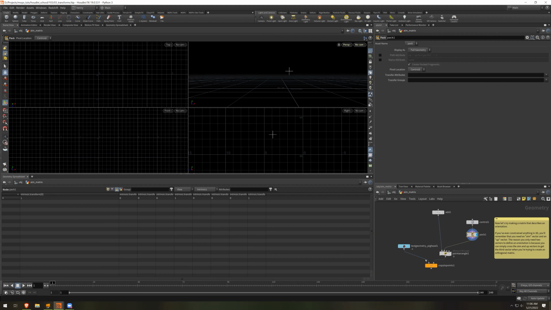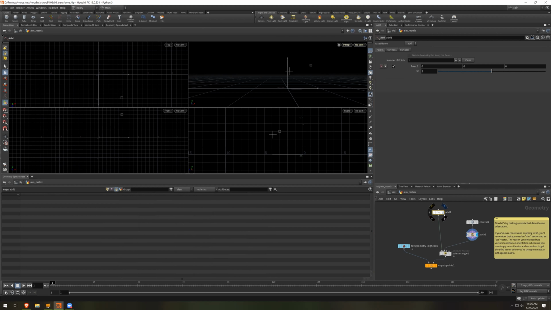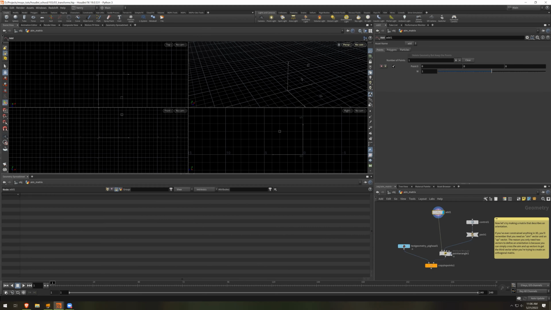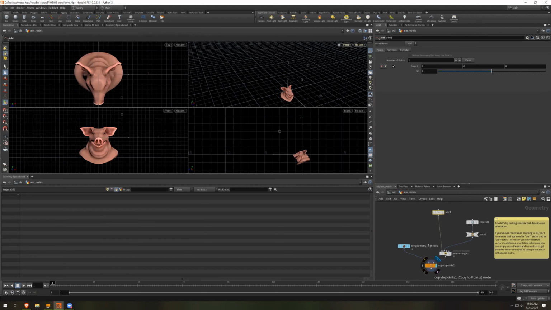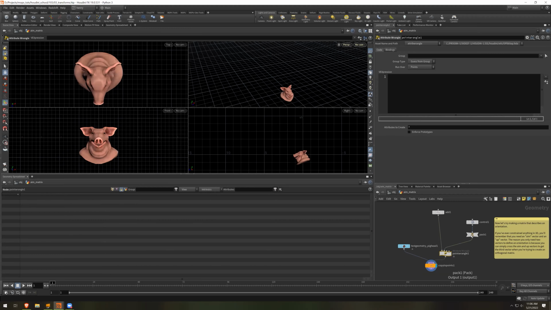And now I have a point in space that I'm going to copy something to. And that thing is going to be the pig head. So what I want to do is make a matrix that describes an orientation in space. So I still, again, need those 3 vectors. But what I want to do is make it so that the vectors are pointing in a specific direction that I care about. This will make more sense in a second.